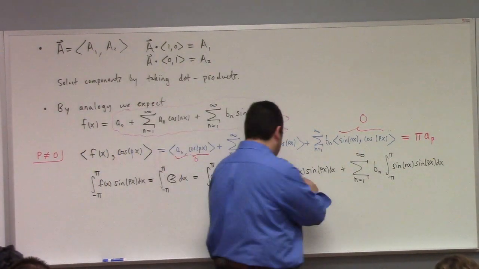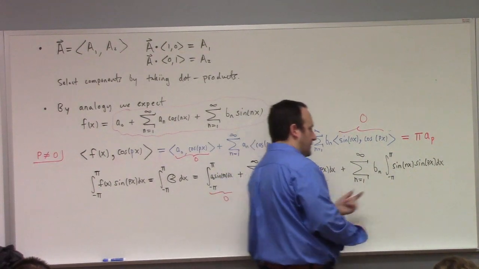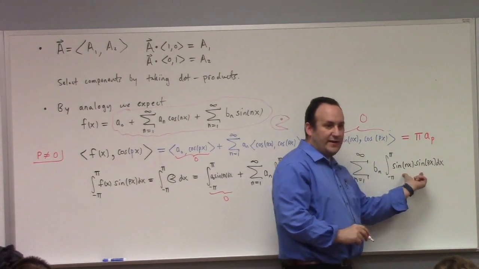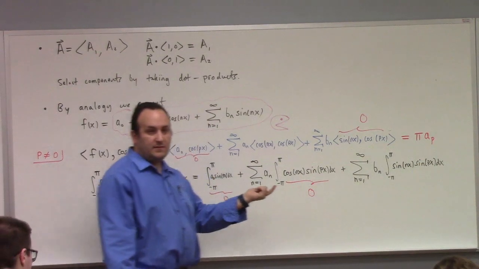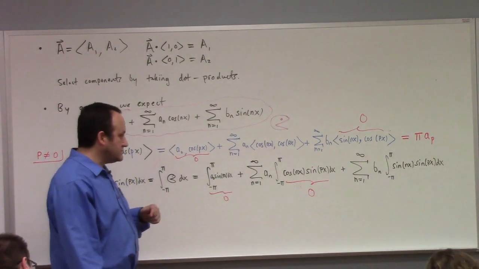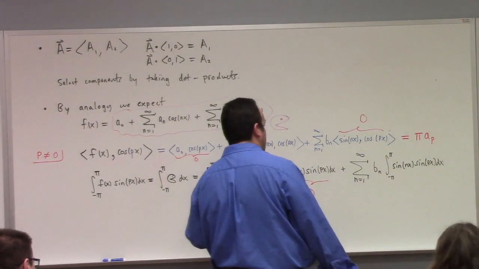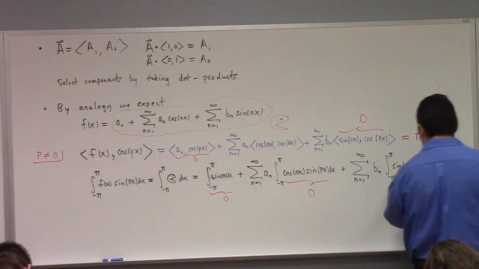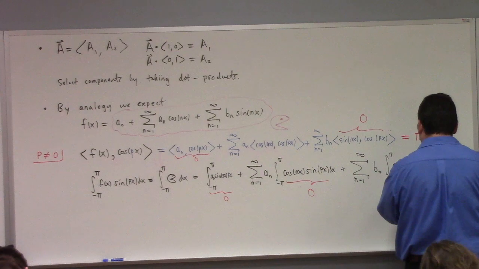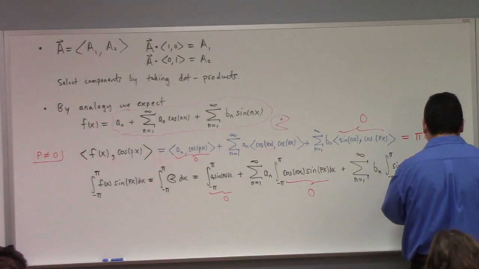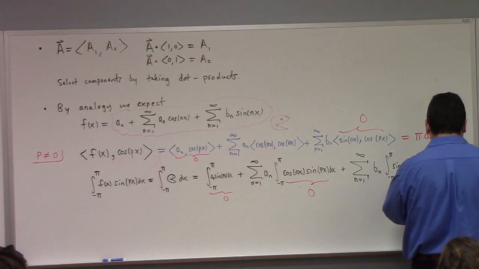This is 0. This is 0 when n is not equal to p. So this is actually just equal to what? Pi b sub p.